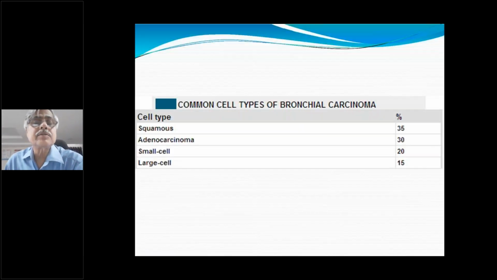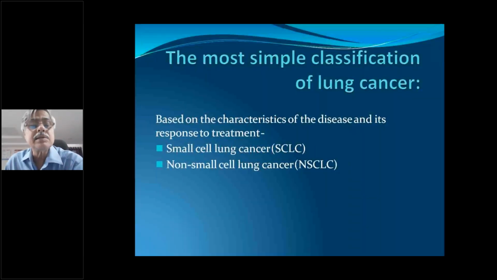But in the case of the cell type, squamous cell carcinoma is 35%, adenocarcinoma 30%, small cell is the next most common at 20%, large cell is 15%. In classification, small cell cancer is one, and non-small cell lung cancer contains 3 varieties.